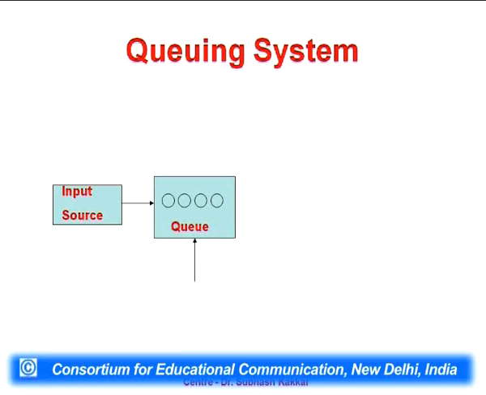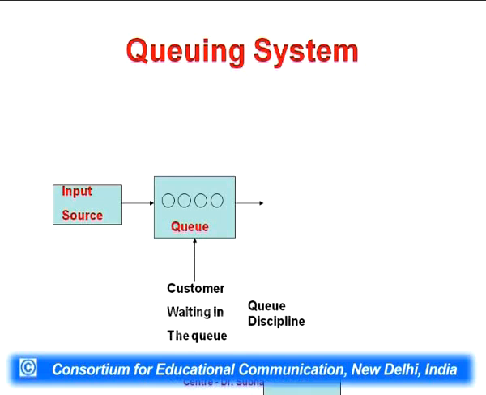In this particular block we have shown 4 customers waiting there. There can be more than 4 also. One is the input source from which the customers are coming, and this particular block shows the queue, customers waiting in the queue.